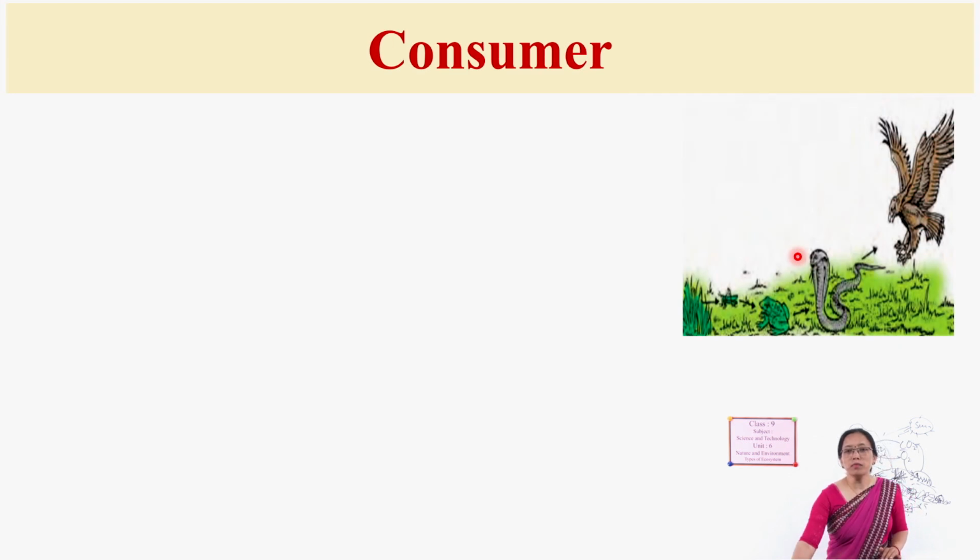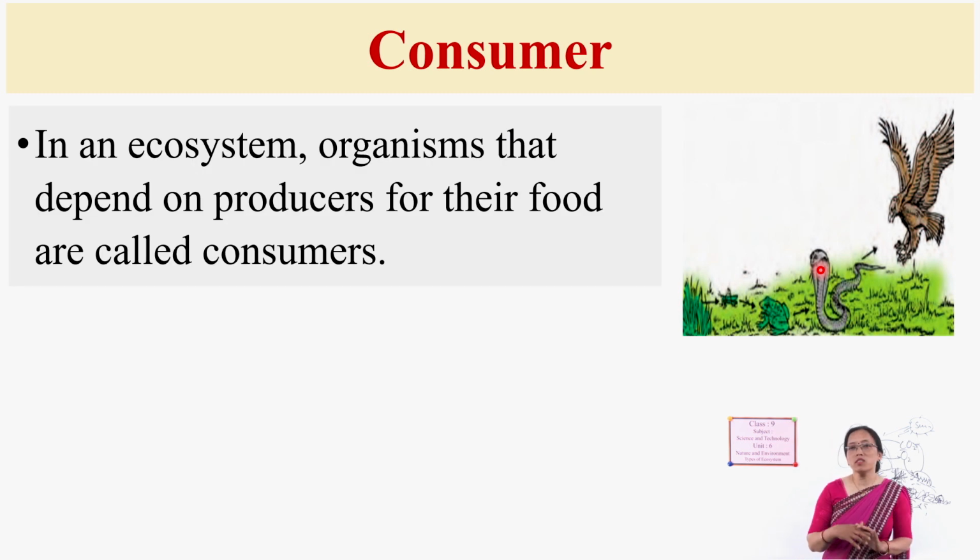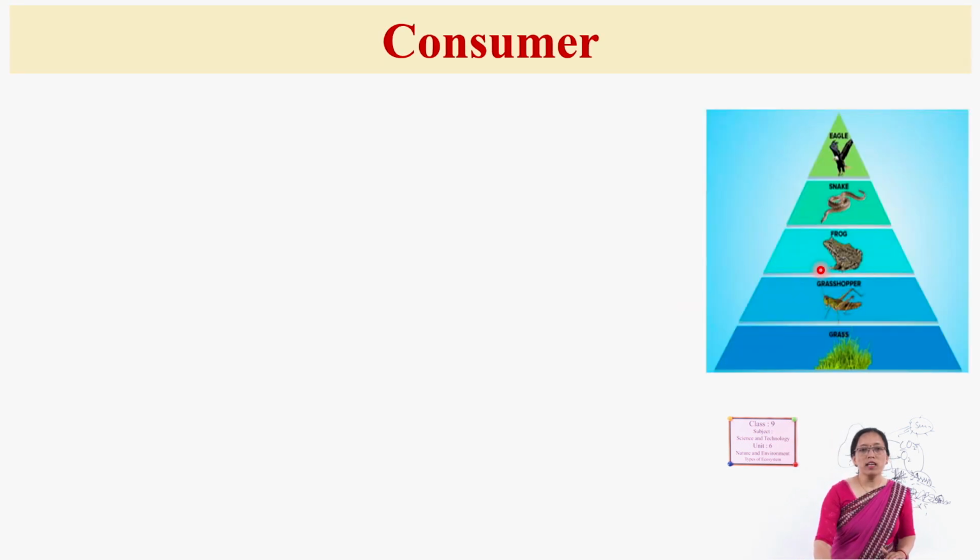Among consumers, see what are the consumers here? This grasshopper, frog, snake, this vulture or eagle, these are all feeding on food prepared by others, so these are the consumers. Those which depend on the producers are called consumers, and the level of consumer is again divided. There are various types of consumers based on the level of food consumed by them.